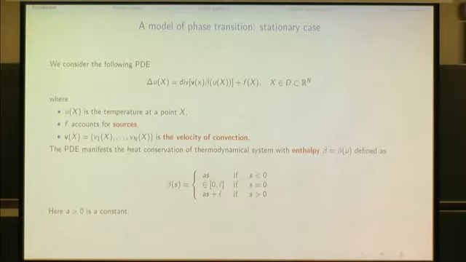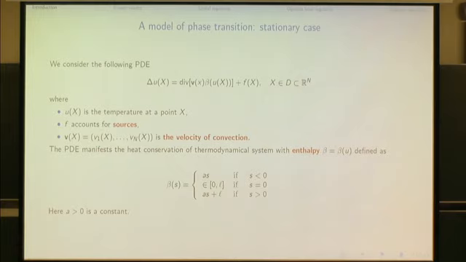And most importantly, you also have this function beta sitting here, and beta is the one responsible for phase change. This function suffers a jump across the origin, and outside of the origin there's a nice, say, linear function.